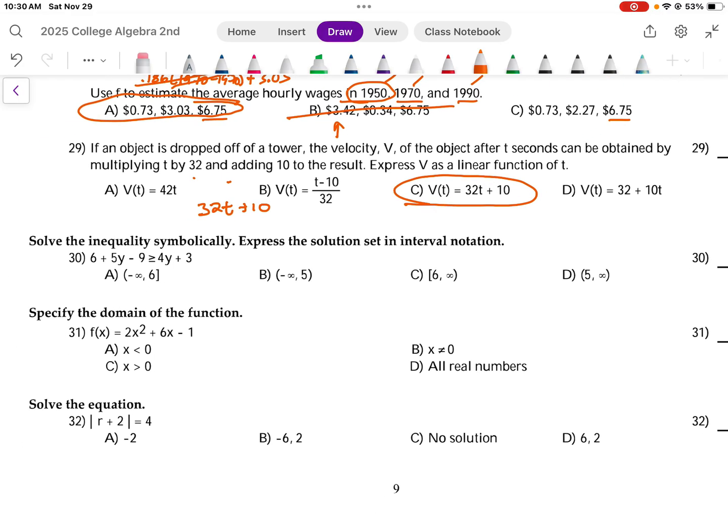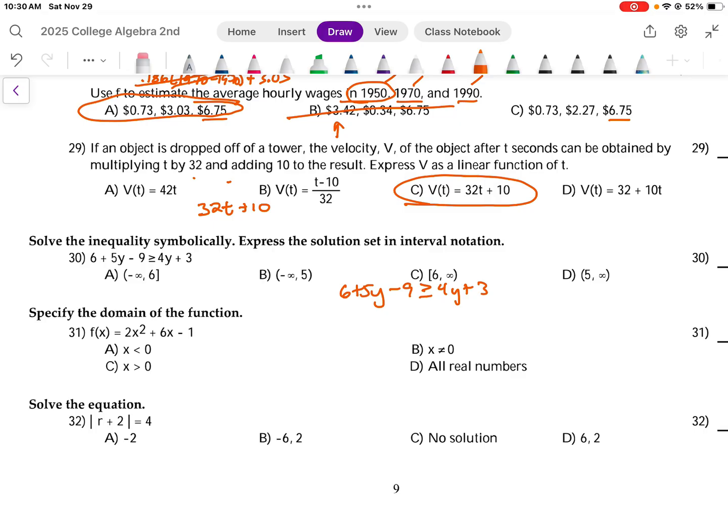Solve the inequality symbolically. So here they just want us to solve and figure out what is the correct set notation for the solution zone. So 6 plus 5y minus 9 greater than or equal to 4y plus 3. Remember, key thing here is when you're working with inequalities, if you multiply or divide by a negative across an inequality, it flips it over.